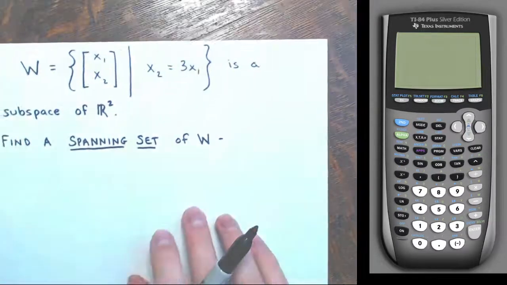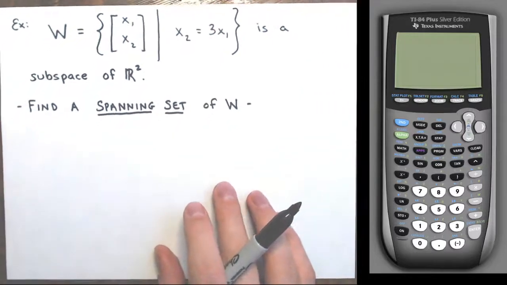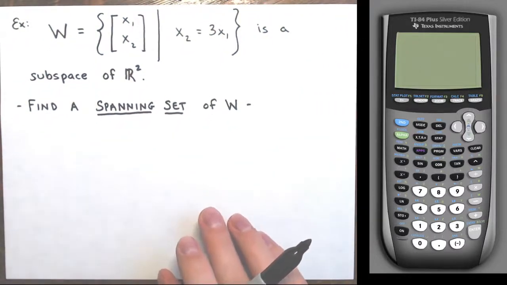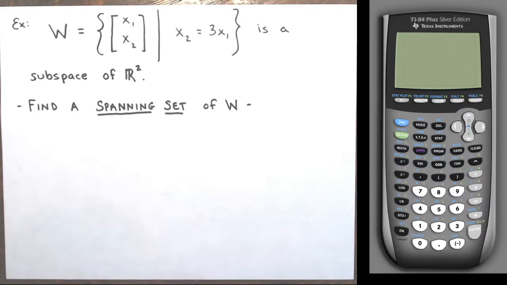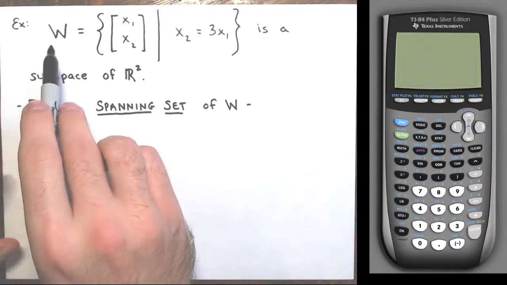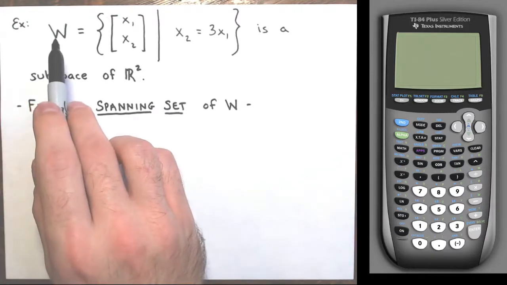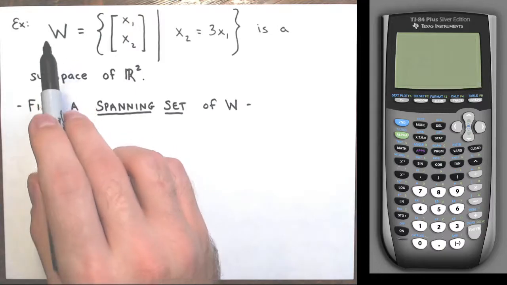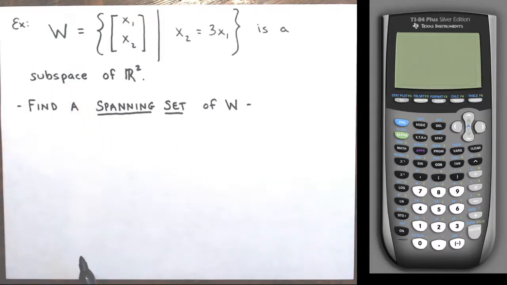So my first example, and again, we're not trying to show that this is a subspace of R2. I'm telling you it is, and you can verify it yourself. Show that W is non-empty, or that it's closed under vector addition, closed under scalar multiplication. You can do all that if you wish.